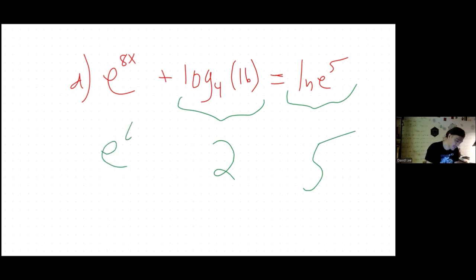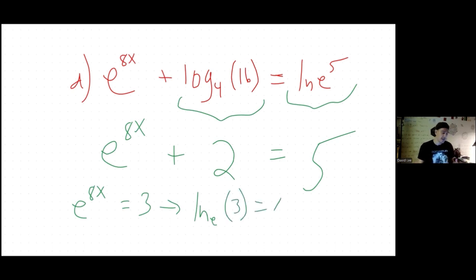So let's see. So we have e to the power of 8x plus 2 equals 5. Go ahead and subtract the 2. So we have e to the 8x equals 3. And now turn this into natural logarithmic form. As a natural log, that equation would say natural log base e 3 equals 8x.